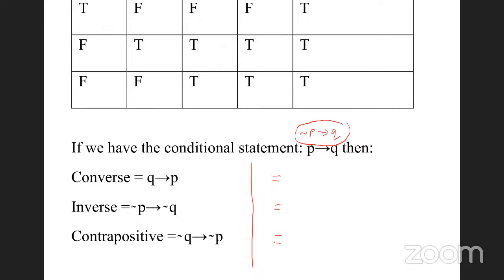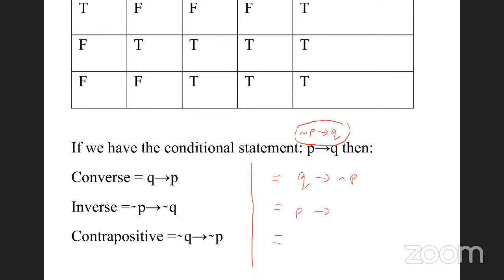Right, what's the converse of the negation of P implies Q? It will be Q and the P with the little sign of negation. So that will be Q implies the negation of P. Right, the next one now. What's the inverse?